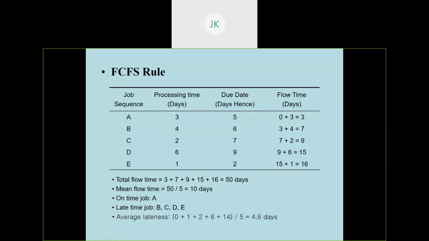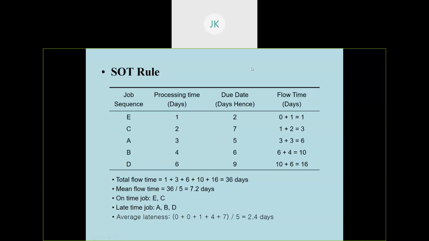Average lateness: job A meets the due date, so lateness is 0. Then 1 day late, 2 days late, 15 minus 9, 6 days late, 14 days late, divided by 5. So on average, 4.6 days late if we use the FCFS rule.